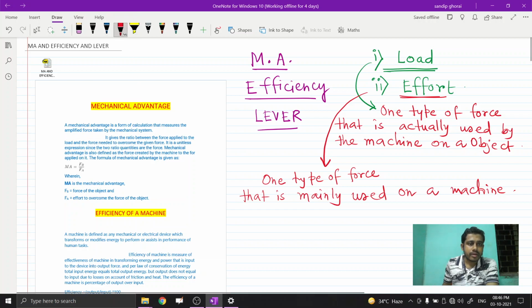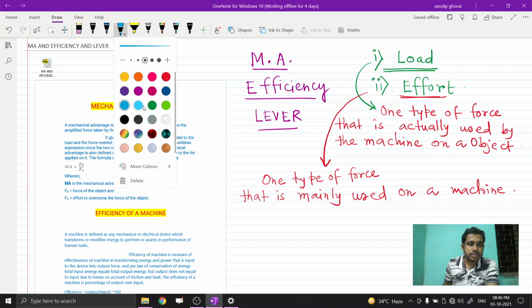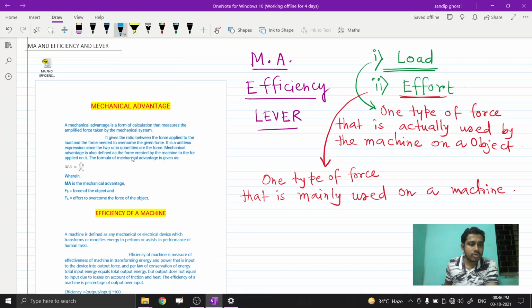Actually, mechanical advantage is the ratio of load and effort, or we can say mechanical advantage is equal to load upon effort.